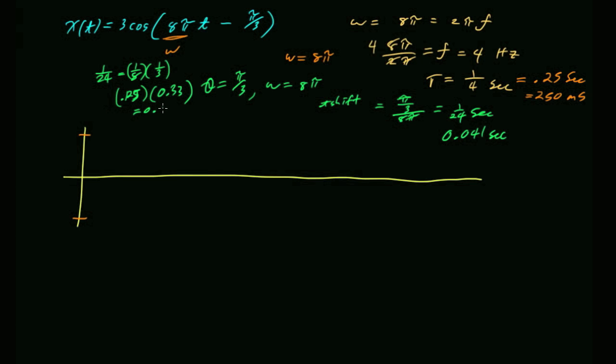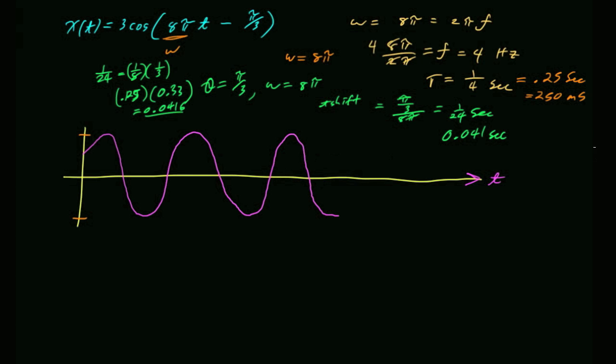Okay, so we're ready to plot this thing now. My period is a quarter, and I can basically draw it like this. So this number is what? That's the shift to the right, 1 over 24.